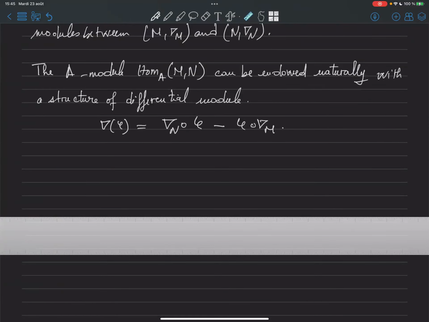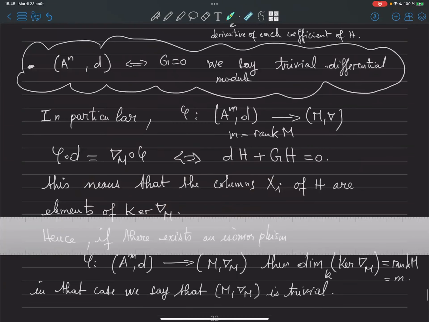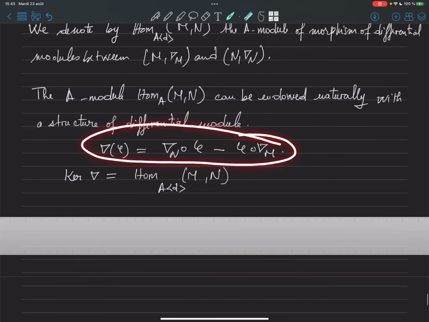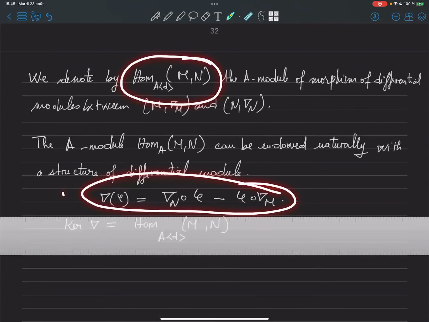Especially, if we look at the kernel of this connection, then it is exactly the set of homomorphisms of differential modules between M and N. This means that this one is equal to 0. Saying that this one is equal to 0 is the same as saying that it's an element of this.